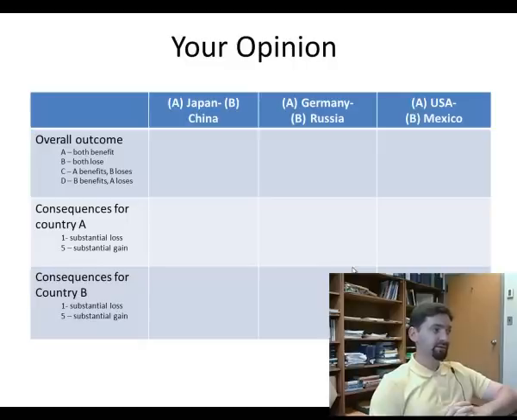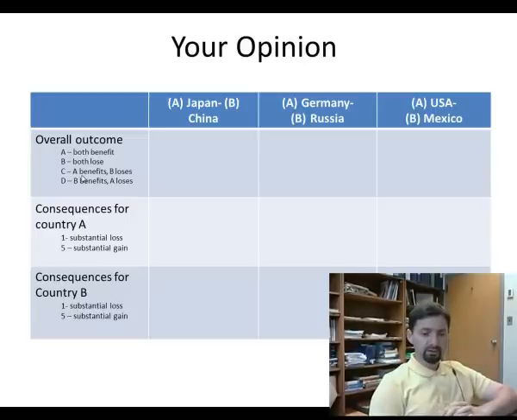Students would have to choose an option: A, both benefit; B, both lose; C, Mexico benefits and the United States loses; and D, the United States wins and Mexico loses.